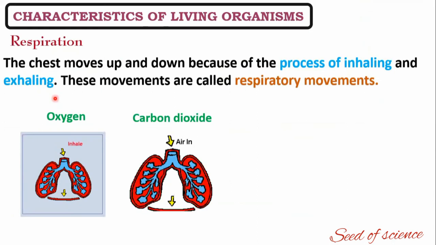Here you can see the chest moves up, down, up, down. When the air comes in, the chest moves up, and when the air goes out, the chest moves down. We call this process inhaling and exhaling, and this movement is called the respiratory movement, right?